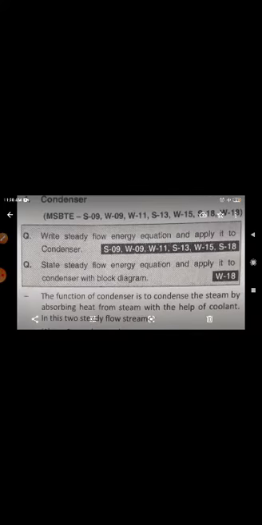Now next one is the condenser. Let us apply the steady flow energy equation to the condenser. First, imagine what a condenser is. A condenser is used for condensing steam into water.